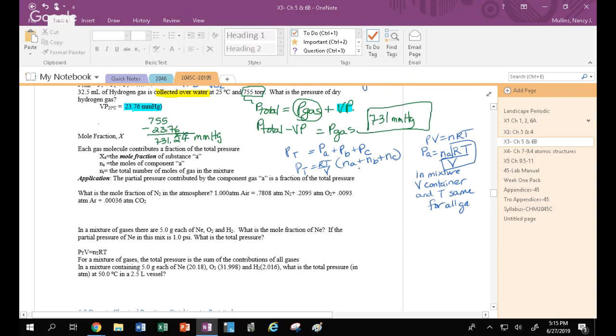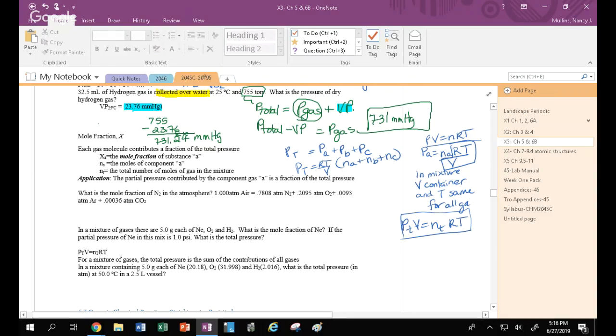Now, this is one version of Dalton's law. It's usually written that pressure total times volume equals moles total times RT. So it looks like the ideal gas law. But I wanted you to understand where that comes from, that the moles total is the moles of each of the individual gases.